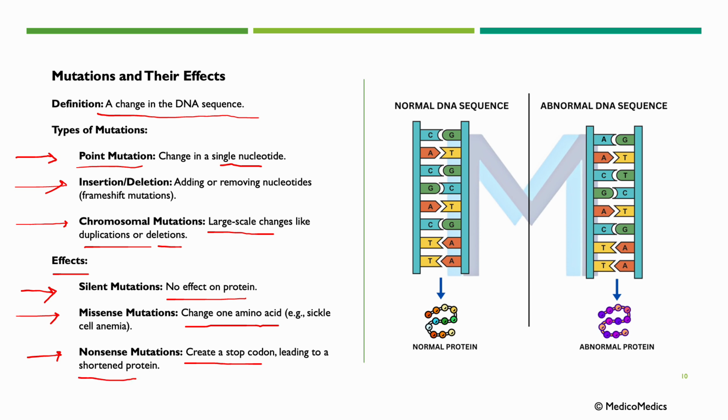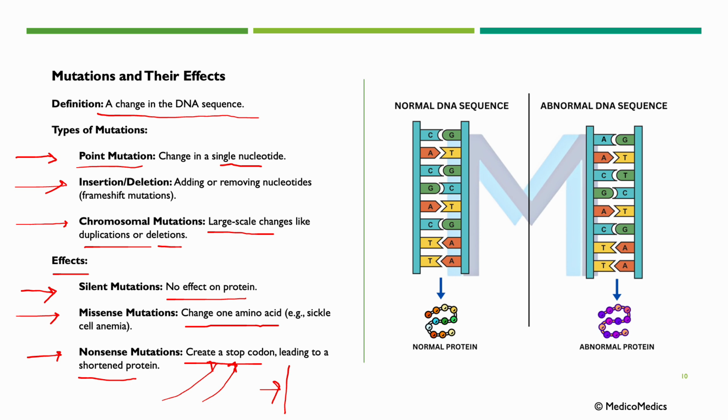If you remember, the stop codon needed during termination was when the protein was let go to go off and do its function. But if it creates a stop codon, it may make it shorter than it's supposed to be.